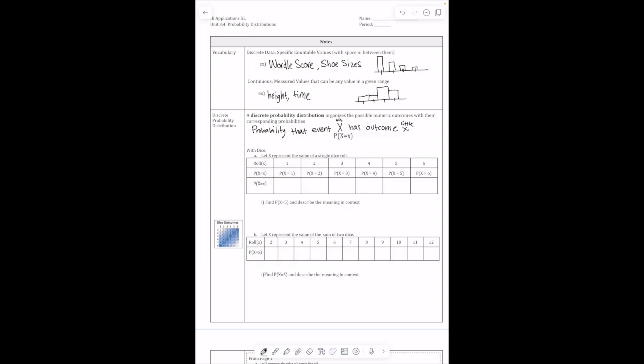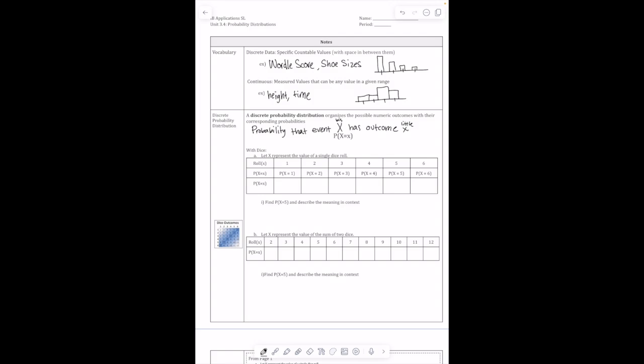So those are our outcomes. For some examples, with dice, example A here is let big X represent the value of a single dice roll. Our event is rolling a dice, and we want to know the odds of getting these outcomes, 1, 2, 3, 4. Those little x's are our possible outcomes.